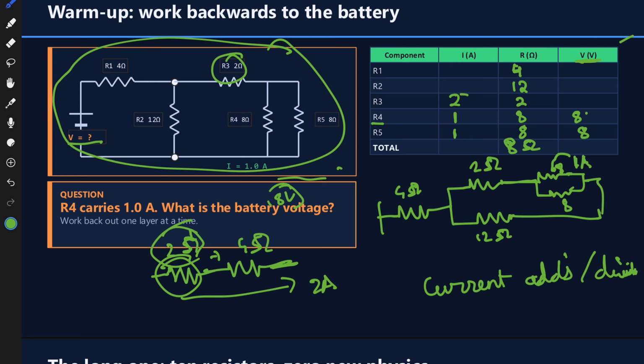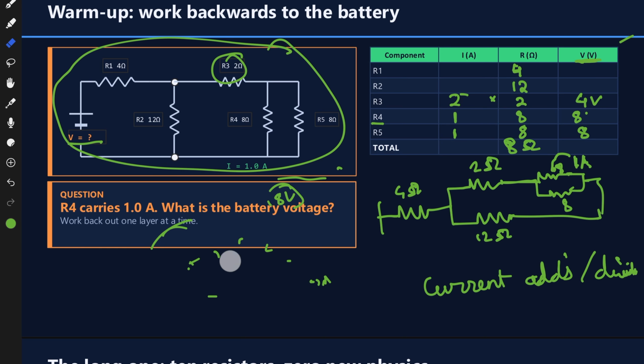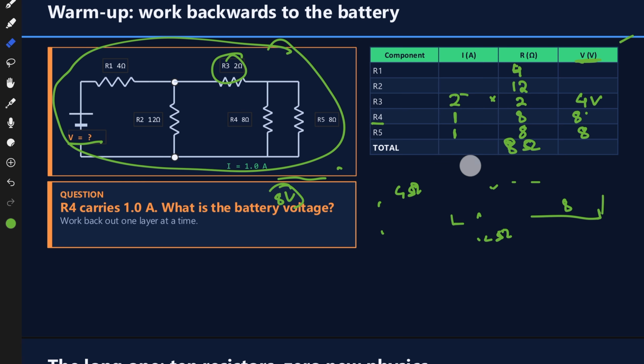Voltage is I times R, 2 times 2, 4 volts. There you go. So we're not done yet, but we have almost half of our chart filled. And then from there, we can navigate further.